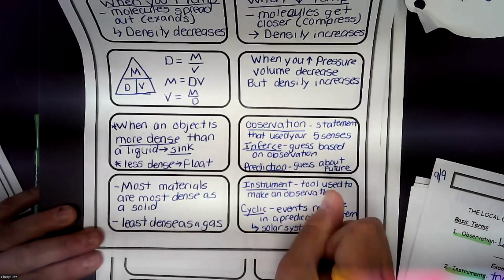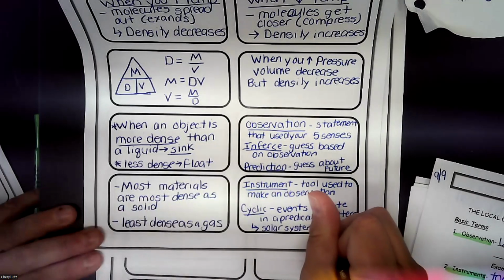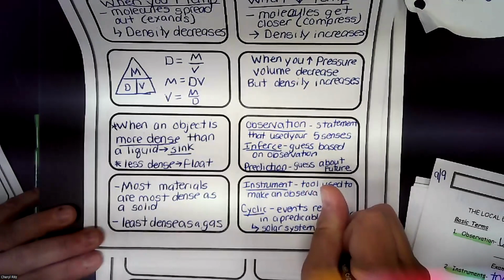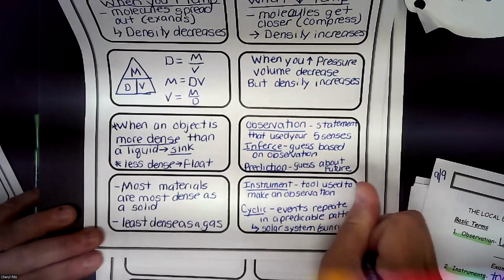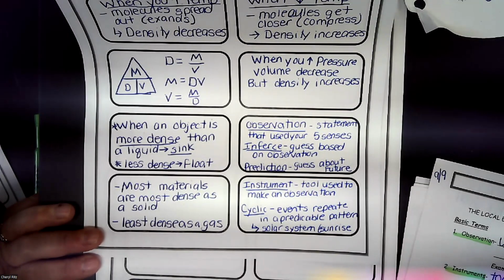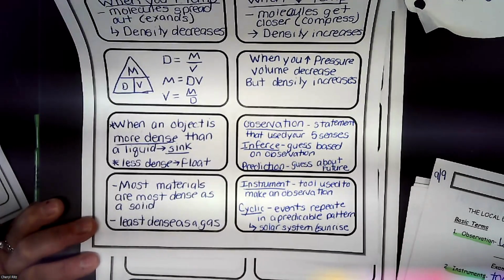Can you think of any events that happen in our solar system? Sunrise, anything having to do with the sun. So sunrise, sunset, the moon phases, when we can see Mars and Jupiter, any of that stuff is cyclic. It happens in a repeating pattern.